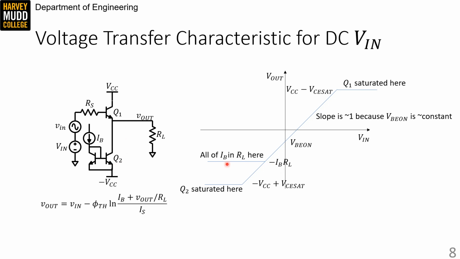So you can sort of think of the operation of this power amplifier as Q1 when it's on stealing current away from RL in order to increase the value of V out. But once Q1 has stopped stealing any current, we've reached the limits of how low the amplifier can go.